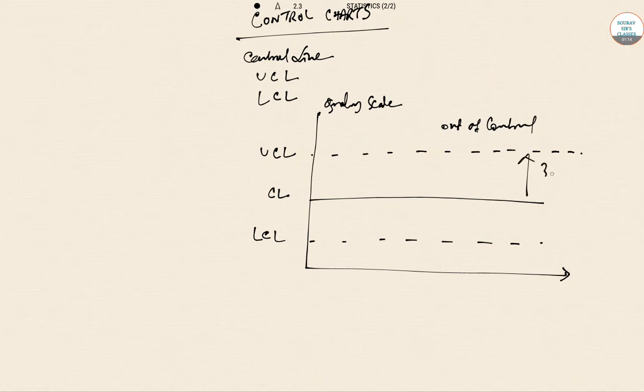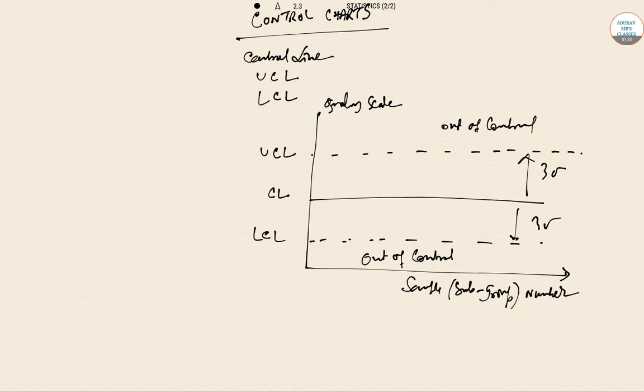There are 3 sigmas. This is also 3 sigmas. And this lower part is also an out of control zone. All the statistical controlling is done in this part, and this axis is called the sample or subgroup number. Okay, so this is how it looks like.